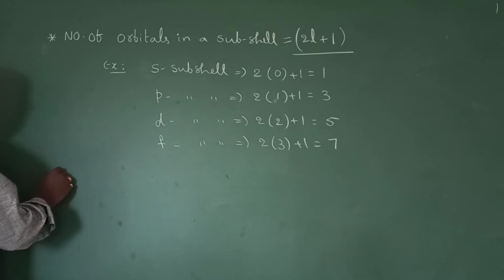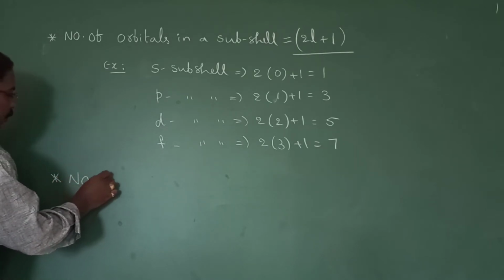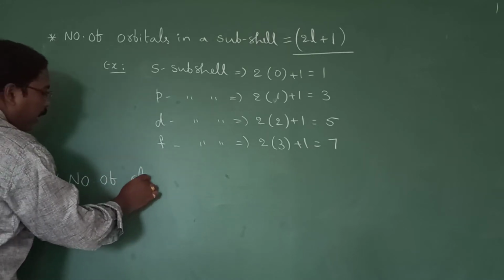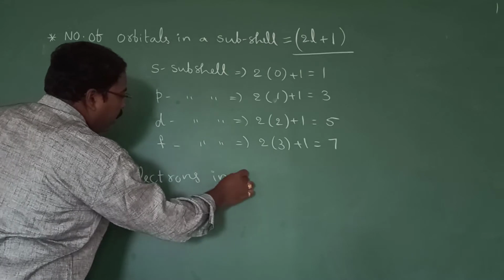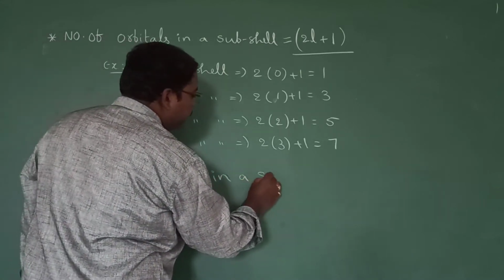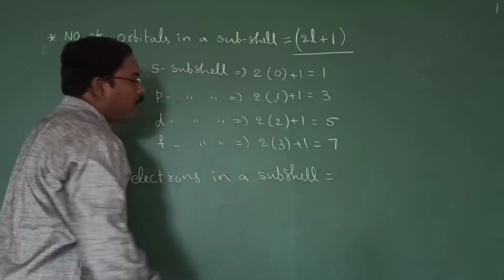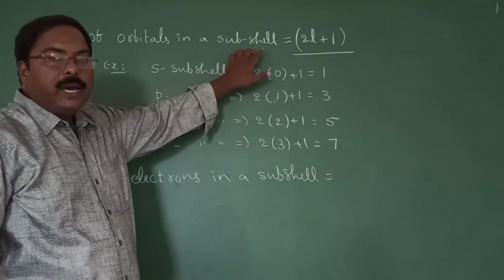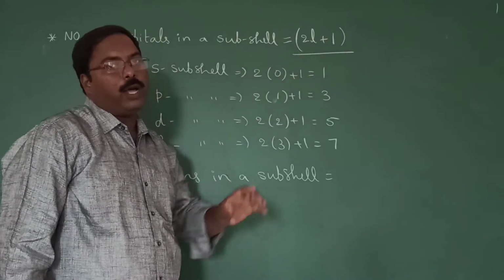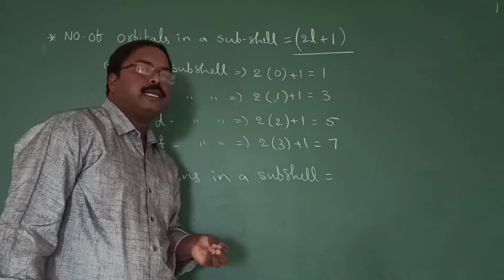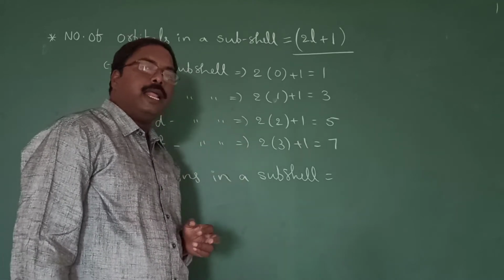One more important thing: the number of electrons in a subshell. We know the number of orbitals in a subshell is 2l plus 1. And yesterday we discussed any orbital can accommodate 2 electrons.